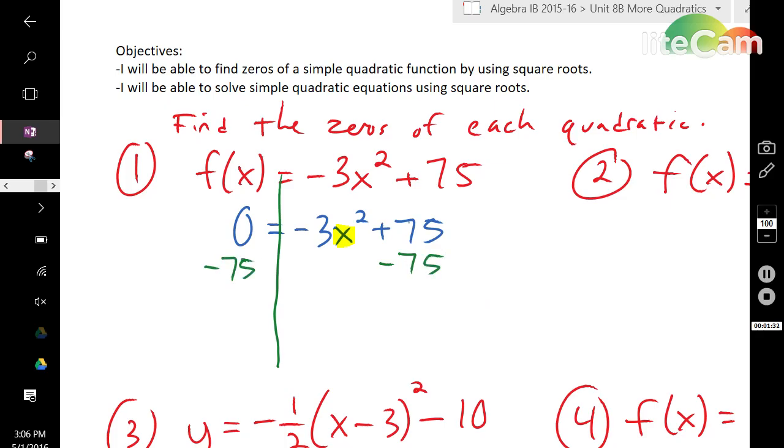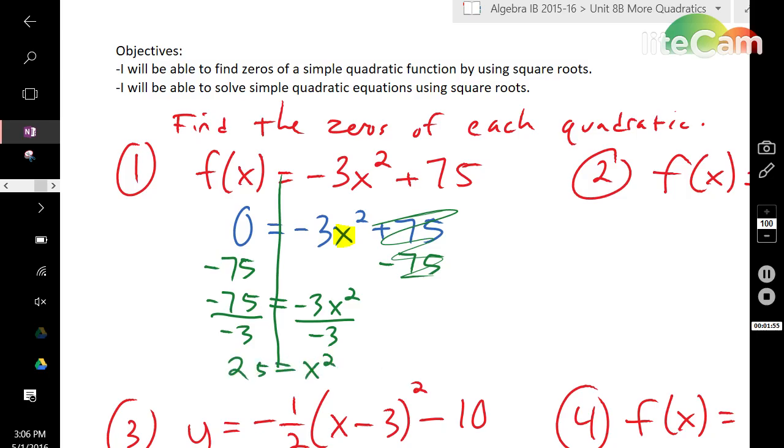Subtract 75 from both sides. That should get you your 0. 0 minus 75 is negative 75. You're left with negative 3x squared. Now divide both sides by negative 3, because it's the inverse of the multiplication between the negative 3 and the x squared. And you get 25 equals x squared.